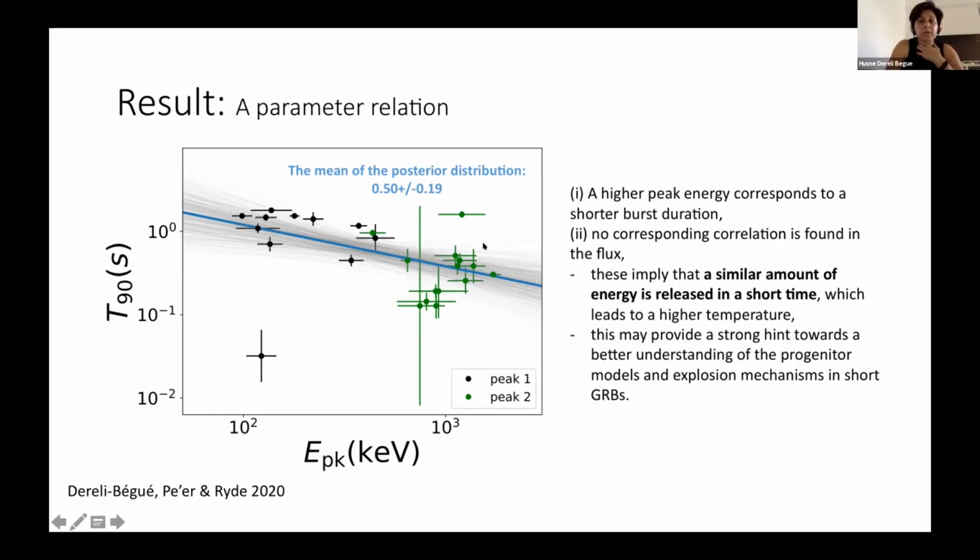However, we didn't find any correlation in the flux, and we conclude that a similar amount of energy is released in the short GRBs, which leads to high temperature. So this gives some clue for the understanding of the progenitor model or the explosion mechanism of the short GRBs.